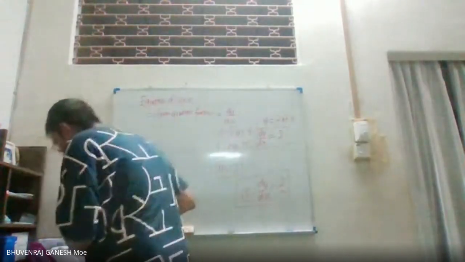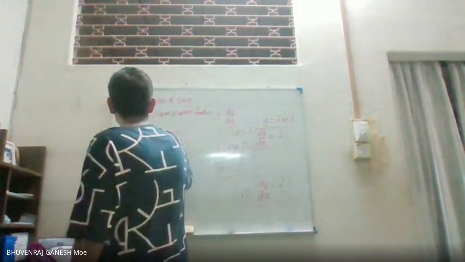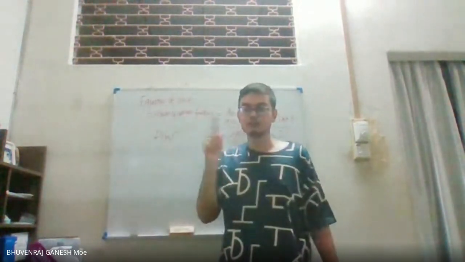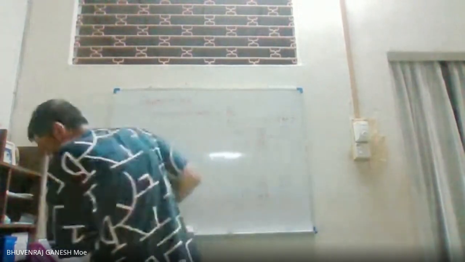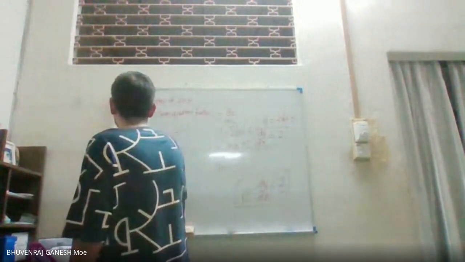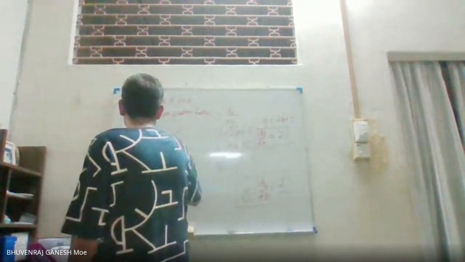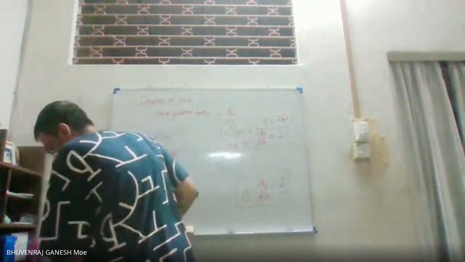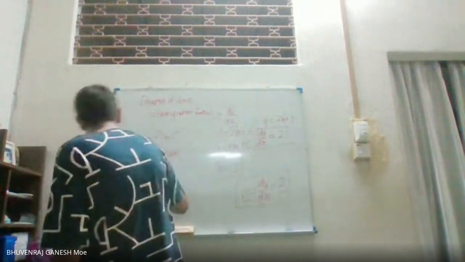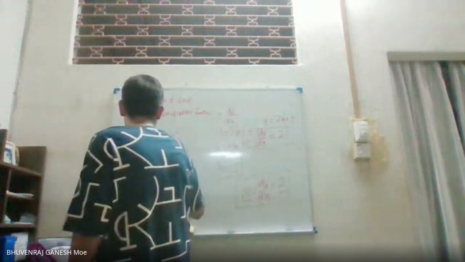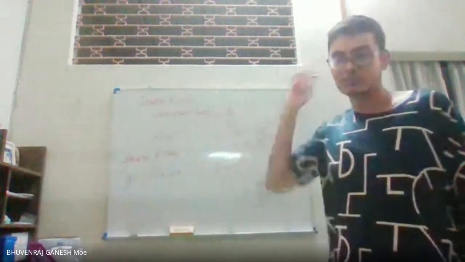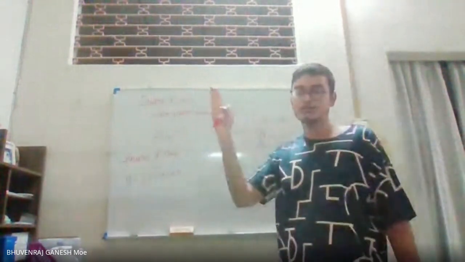So dy over dx, you can also call it f prime x. So another way, if they give you a function f(x), you differentiate the function, you will get f prime x. Okay. So now equation of curve, how do we write it? Equation of curve, y equals integrate f prime x. When you go from differentiation to integration, you have to integrate. Common sense. From a lower power to a higher power, you have to integrate.